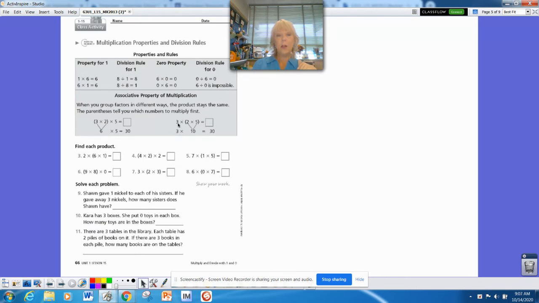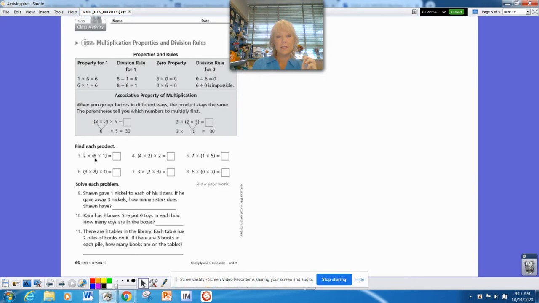Over here, it's 3 times, and in the parentheses, it says 2 times 5. What do we do first? We do the parentheses first. So 2 times 5 equals 10. We pull our 10 down, and then 3 times 10 equals 30. This is what you are going to do on each of these problems. You do the parentheses first.